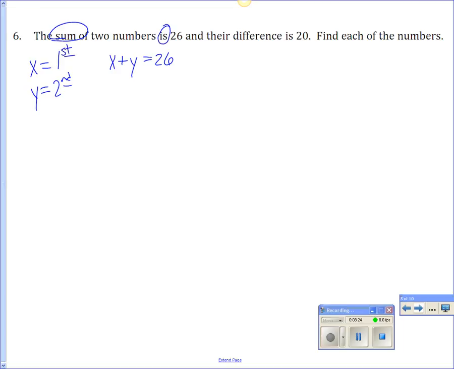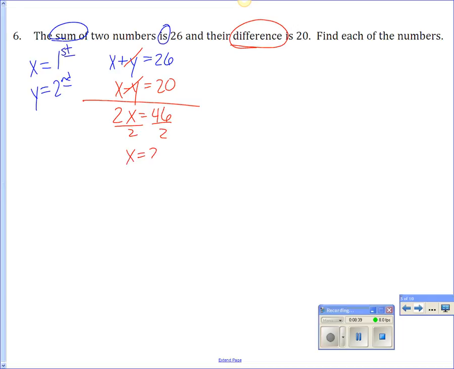Your second equation is going to be their difference, x minus y equals 20. And here your y's automatically cancel, so you're left with 2x equals 46, divided by 2, so x is 23. And when you plug it back in, you get y equals 3.